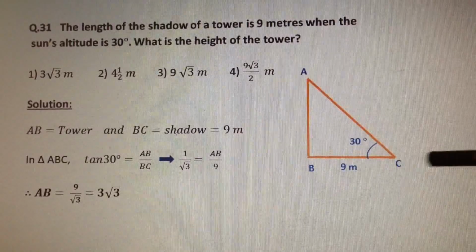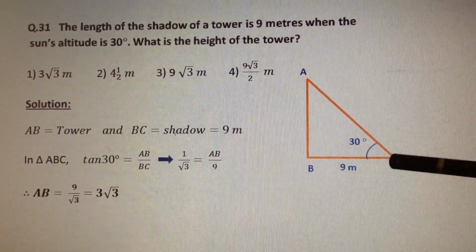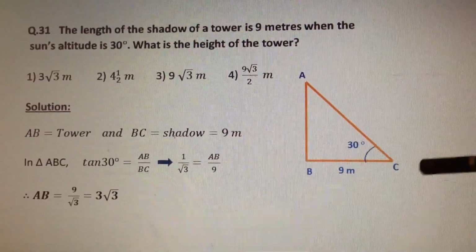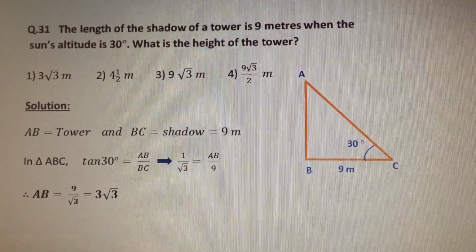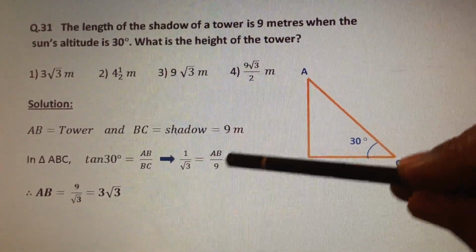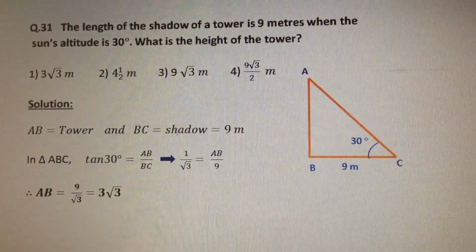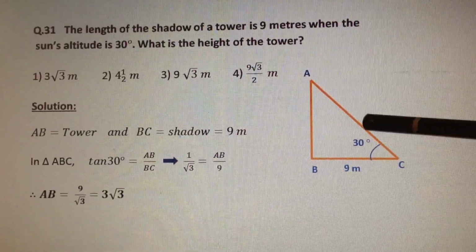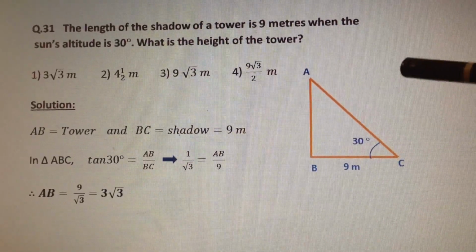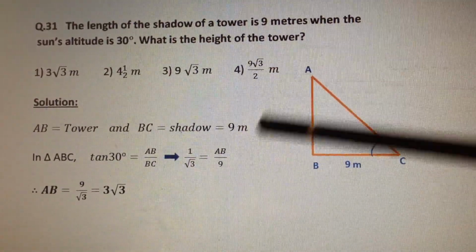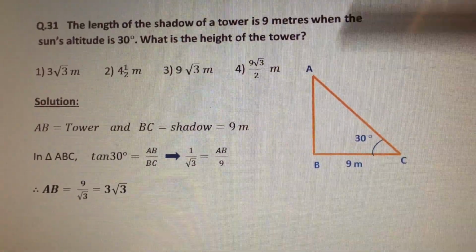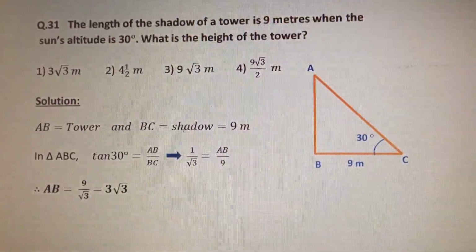In triangle ABC, tan 30 is equal to AB by BC. We know the value of tan 30, which is 1 by root 3. Therefore, 1 by root 3 is equal to AB by 9. Therefore, AB, which is length of the tower, is equal to 9 by root 3, which is equal to 3 root 3. So, our answer is option number 1.